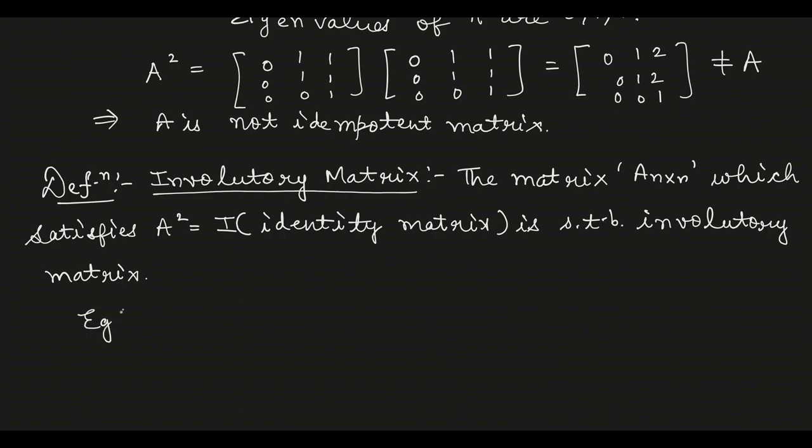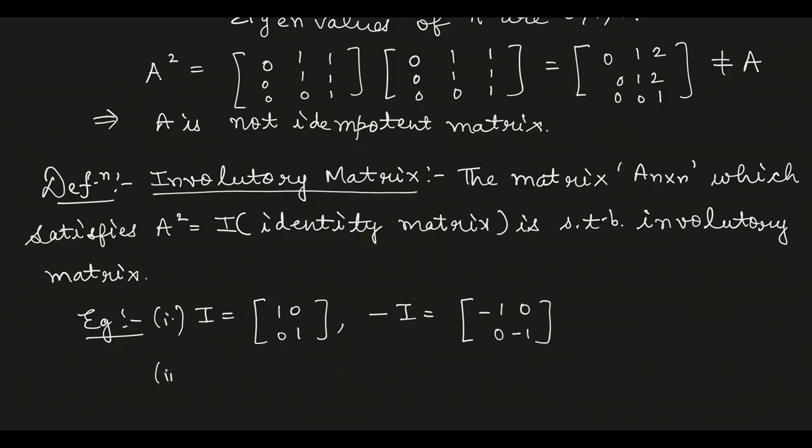Example, identity matrix, minus I, or 1 0 0 minus 1 is also there, minus 1 0 0 1.